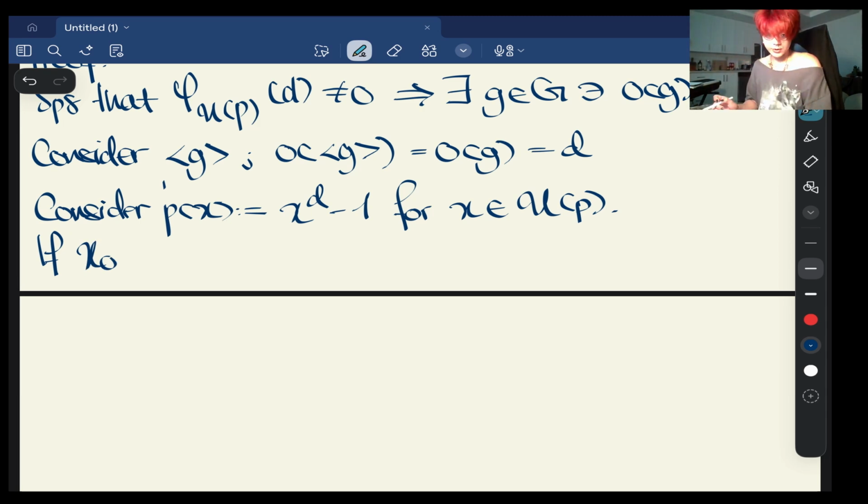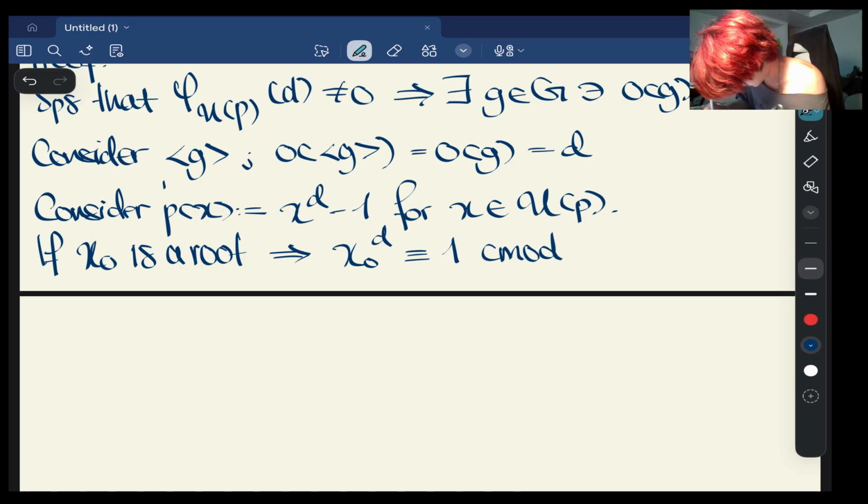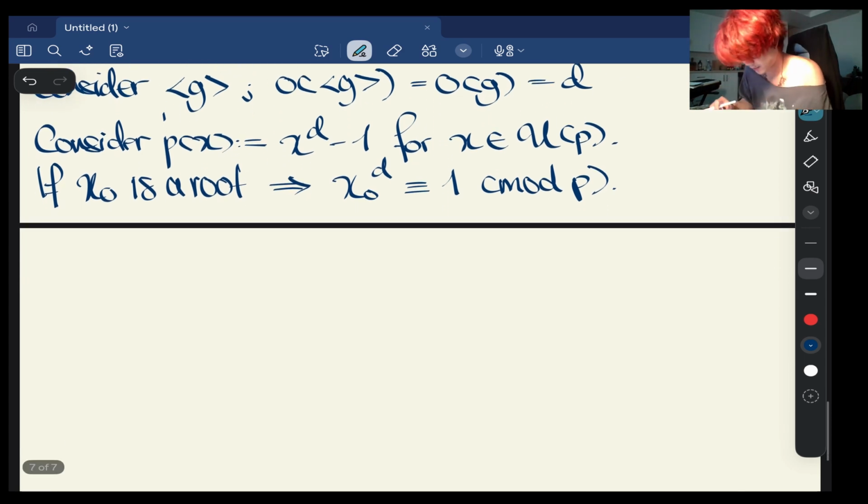What I'm just going to do here is formally say that the roots of this polynomial, p of x, just are the elements of U_p of order d. Because if x_0 is a root, this would mean that x_0^d is congruent to 1 mod p. So it just is an element of order d. The roots are of this polynomial.